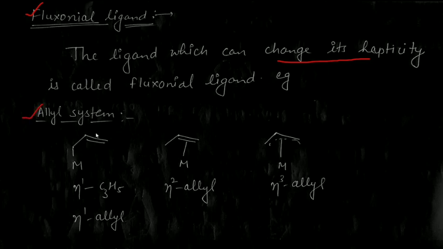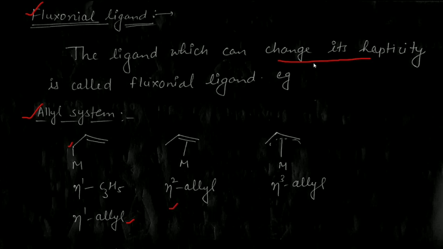This is the allyl system. This allyl system can attach to the metal through a single carbon atom. So this is eta 1 C3H5 or eta 1 allyl. And this allyl system can also attach to this metal by 2 carbons, so this acts as eta 2 allyl.